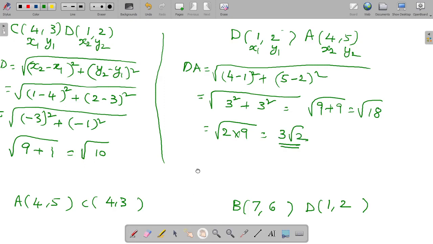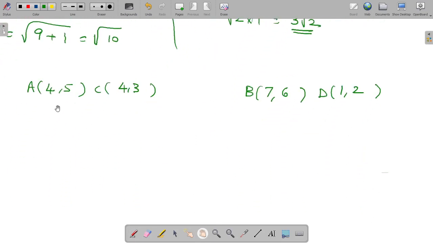After that, find the diagonals AC and BD.